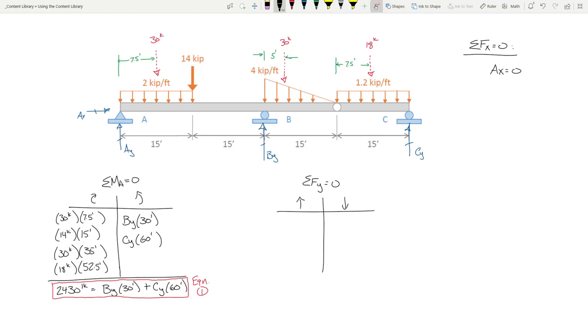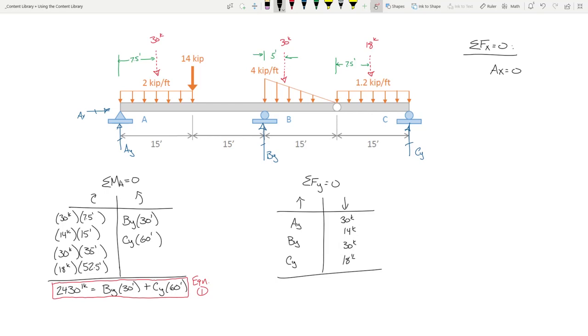Now this is easy. If I look at my structure, what do I have going up? AY, BY, and CY. What do I have going down? Well, I got 30, 14, 30, 18.